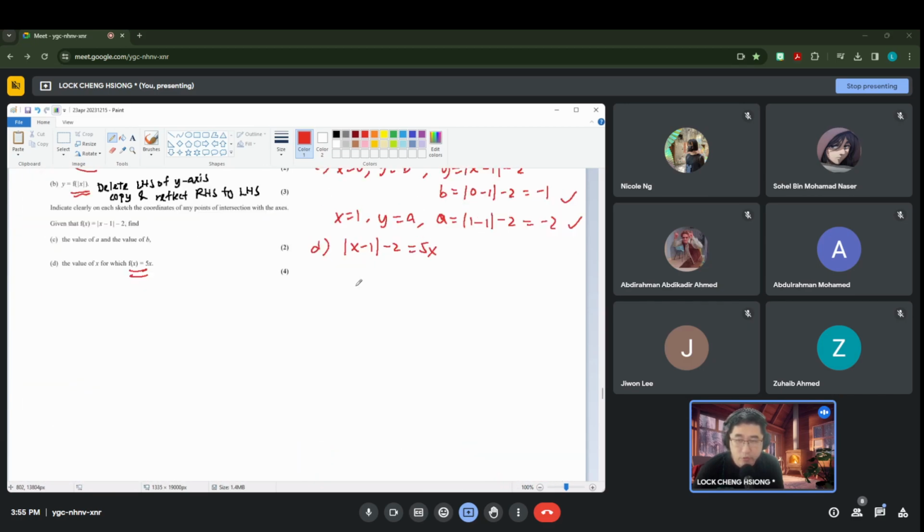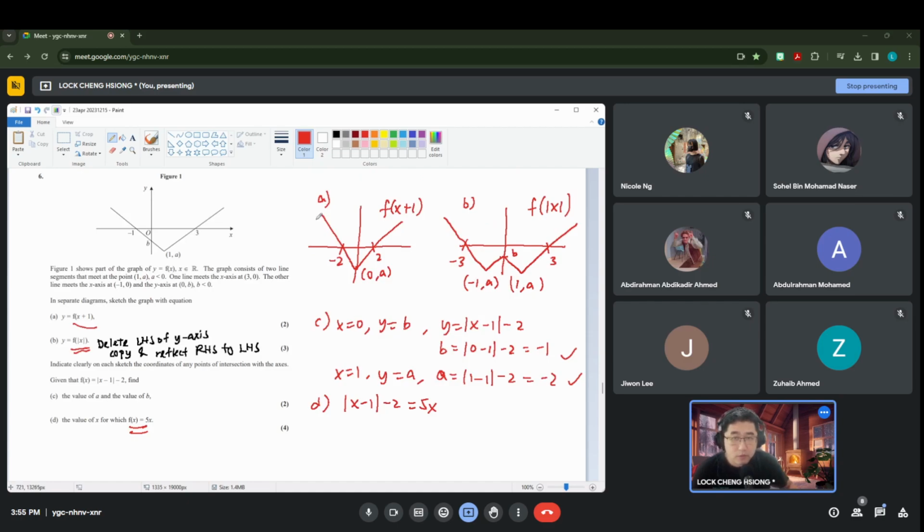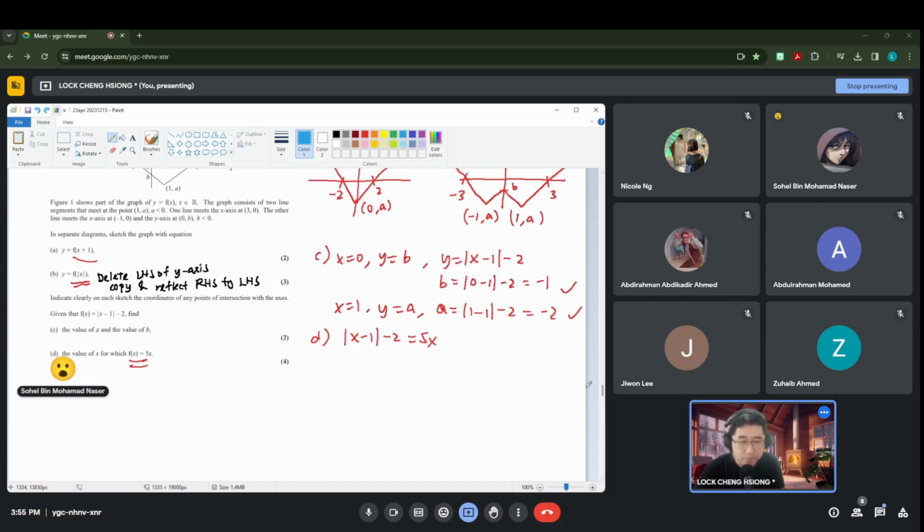Your exam questions, if the question is nice, they ask you to solve this. If the question is not nice, they give you something like this. So in the end, the question arises here is, do you understand what you're supposed to do?